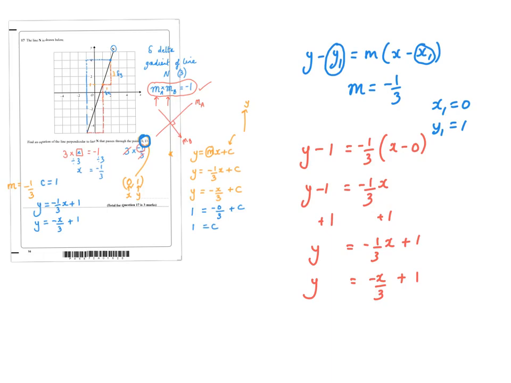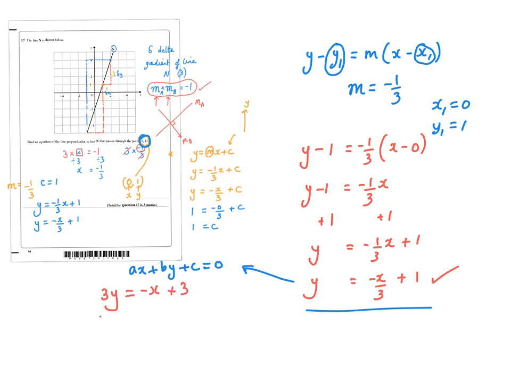Now there are no hard and fast rules on how you must give your line. You can give it in this form. When you get to A level, generally they ask you in this form, ax plus by plus c equals 0, and that's okay. So if we took this one here, if we multiplied both sides by 3, we'd end up with 3y equals minus x plus 3.